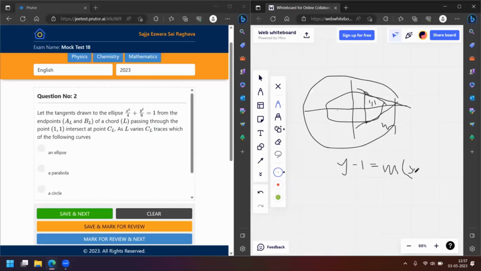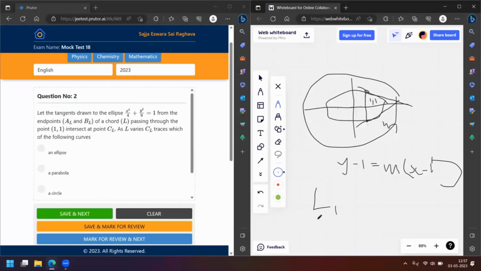If we substitute this line in the given ellipse equation, we will get the 2 points of contact, and from the points of contact, you can easily find the equation of the tangent. So we will get two equations, L1 for the tangent from the first point and L2 for the tangent from the second point.